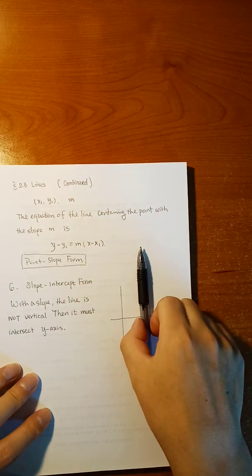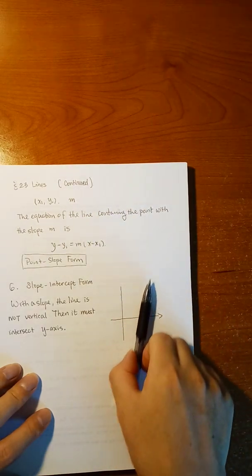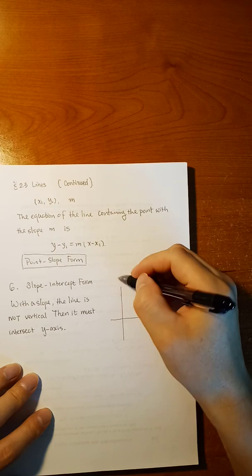If it's not vertical, it will eventually intersect the y-axis because the y-axis is vertical.